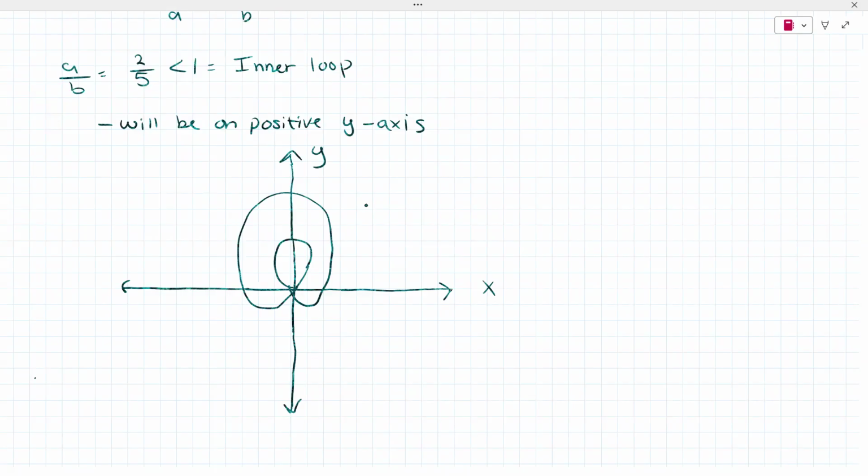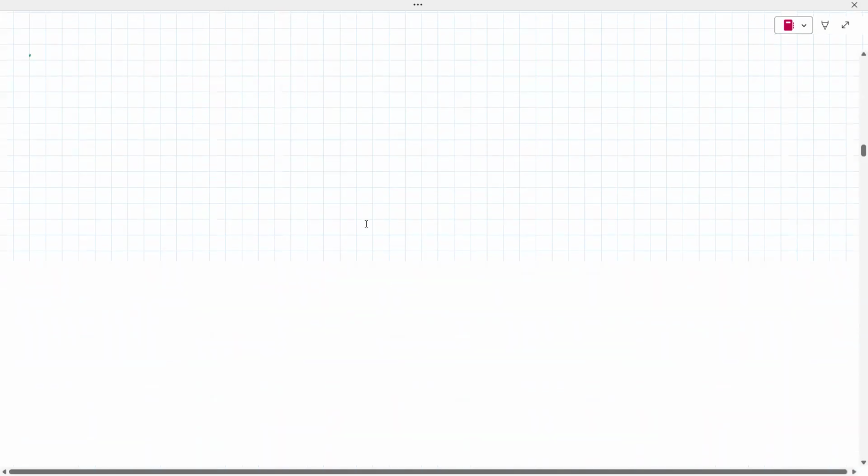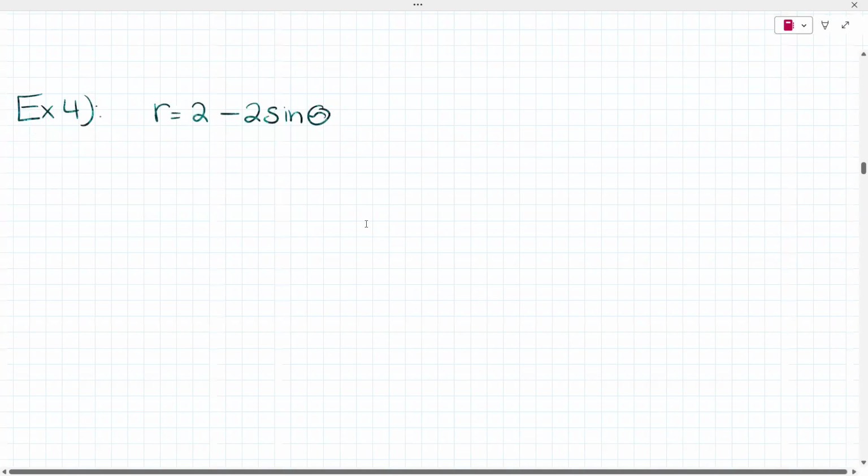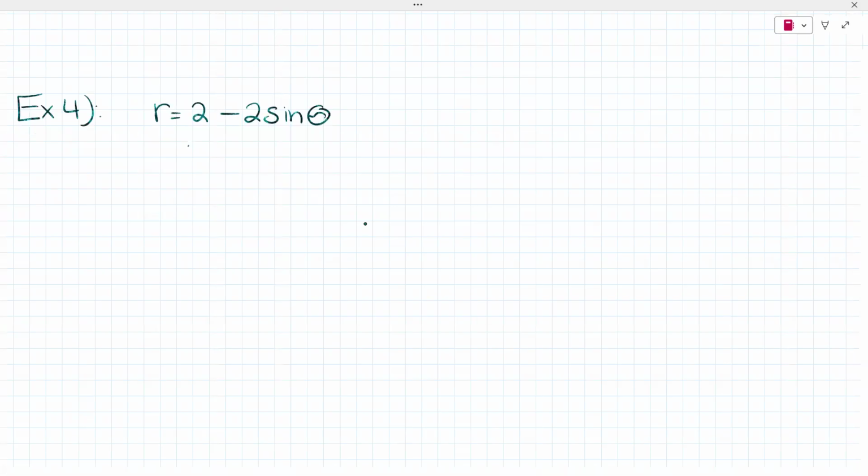Okay, let's move on to example 4. r equals 2 minus 2 sine theta. So my 2 is the A and my B is the 2. So it would be 2 over 2, which is 1.